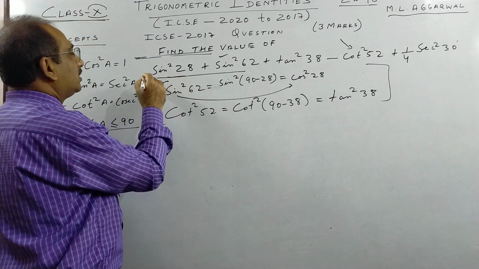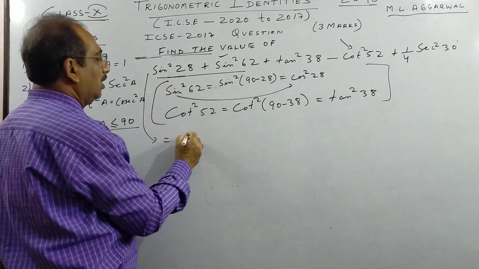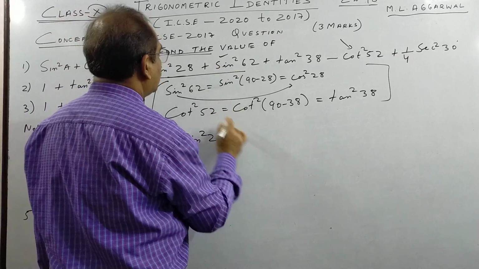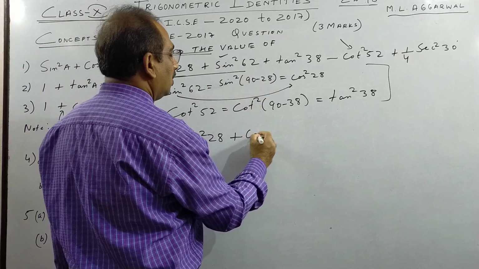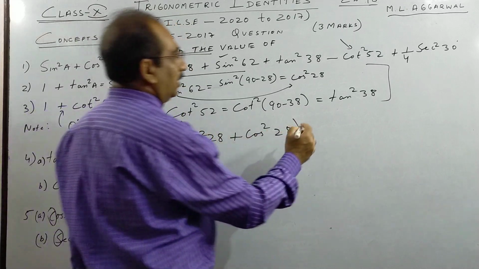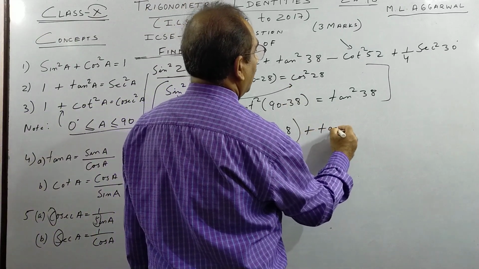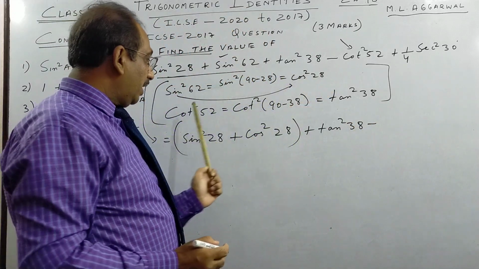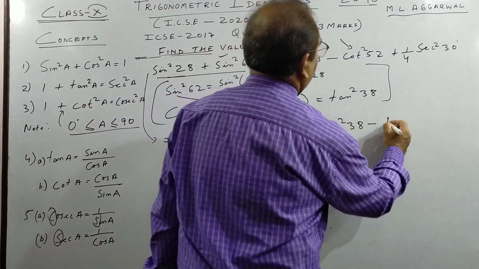So what happens here, you see this step, first step. Sin square 28 remains sin square 28. Sin square 62 becomes cos square 28. This will give you 1. Then tan square 38 minus cot square 52 is nothing but tan square 38.